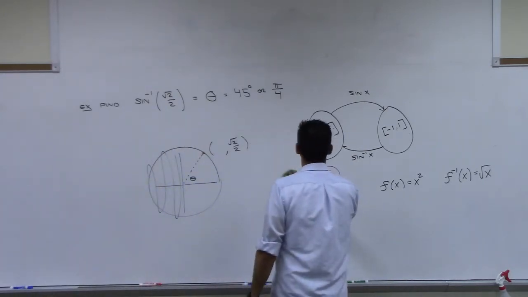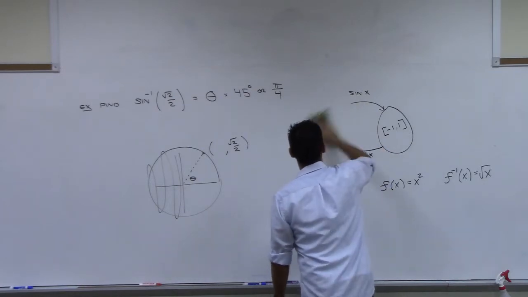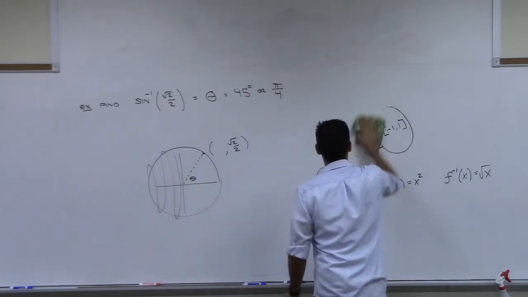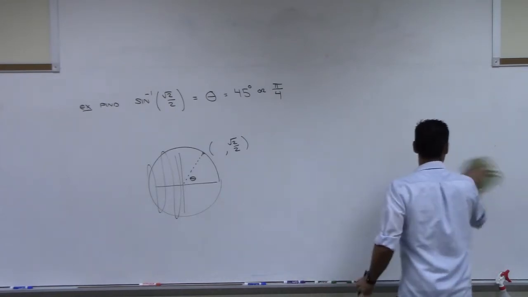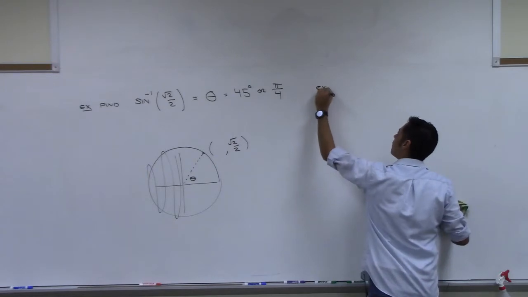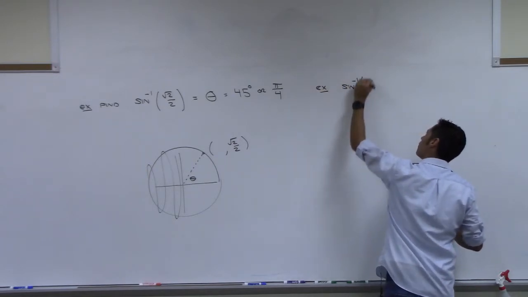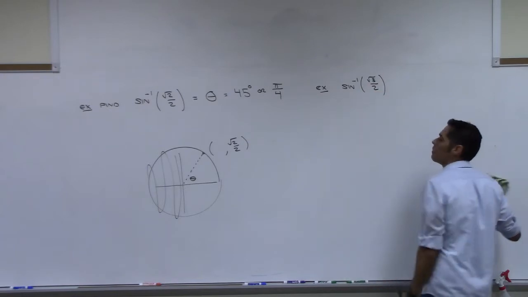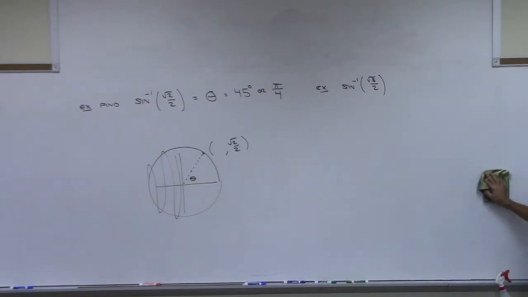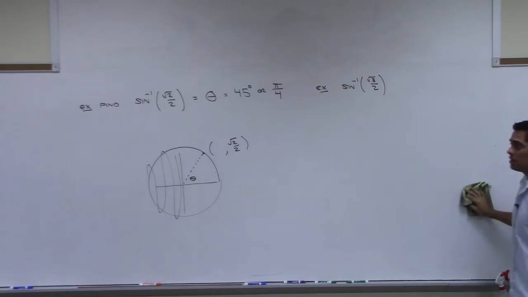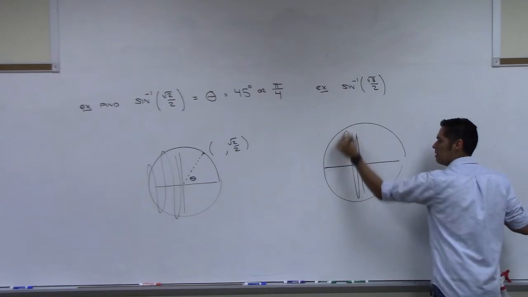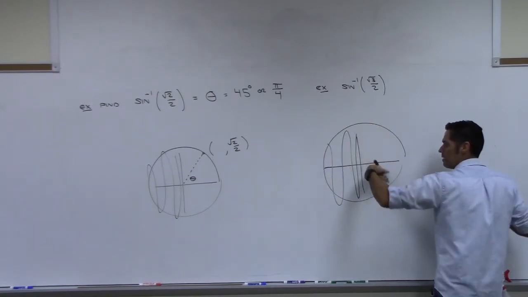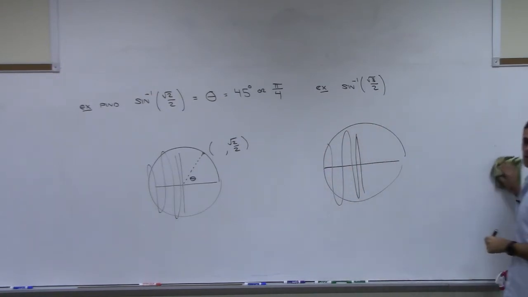How about arc sine of root 3 over 2? So this is asking you on the unit circle, only looking between pi over 2 and negative pi over 2, where's the y coordinate, because it's sine, where's the y coordinate root 3 over 2?